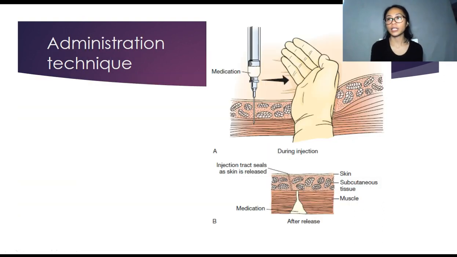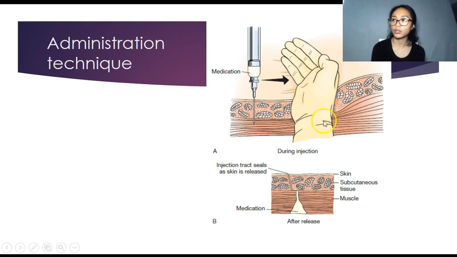So now I'm going to talk about an administration technique used for intramuscular injection, and it's called the Z-track technique. This involves pulling on the overlying skin during the injection, and this is going to move the tissues to prevent later tracking. The image on the top shows the lateral tension that you apply before you inject, and then after you withdraw the needle and syringe, you release that lateral tension, and that way it keeps the medication in that space.